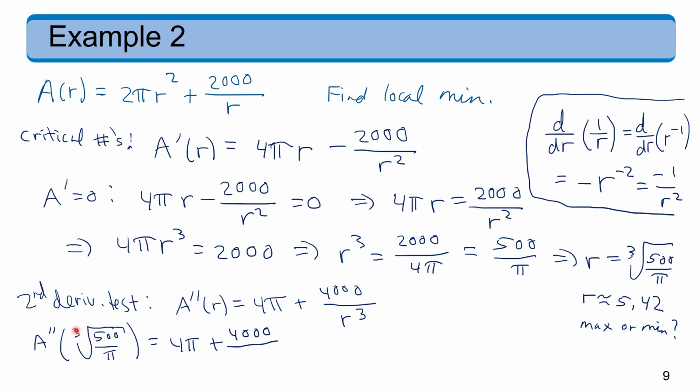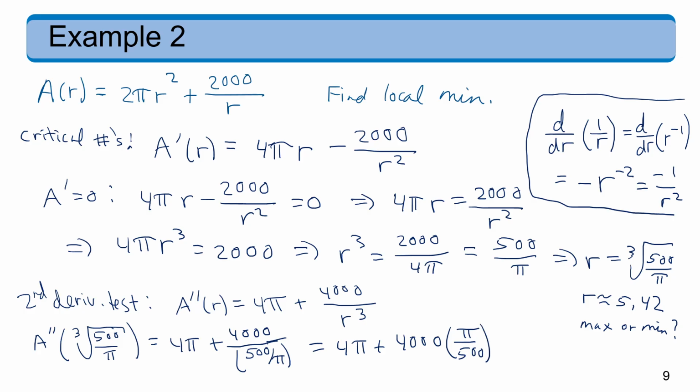So the cubing just gets rid of the cube root, so it'll just be 500 over pi in the denominator. Now to simplify this, let's keep the 4 pi. Take the numerator 4,000 and multiply it by the reciprocal of what's in the denominator, pi over 500.